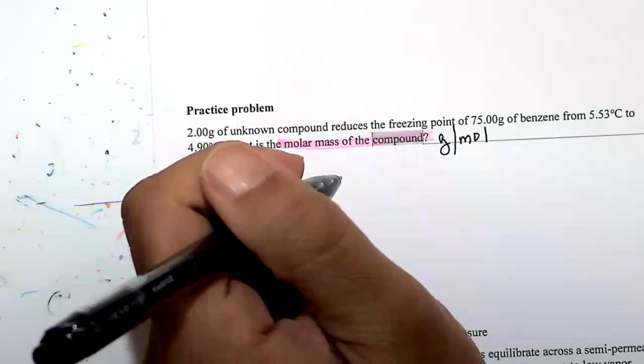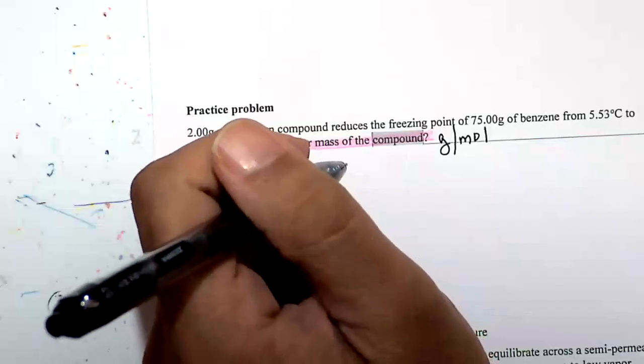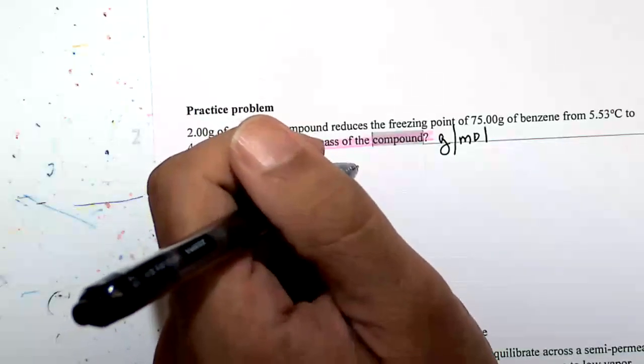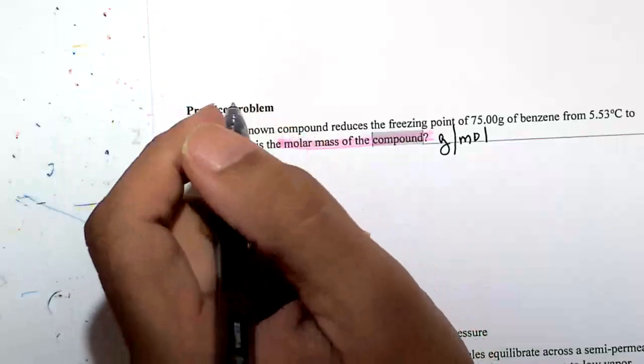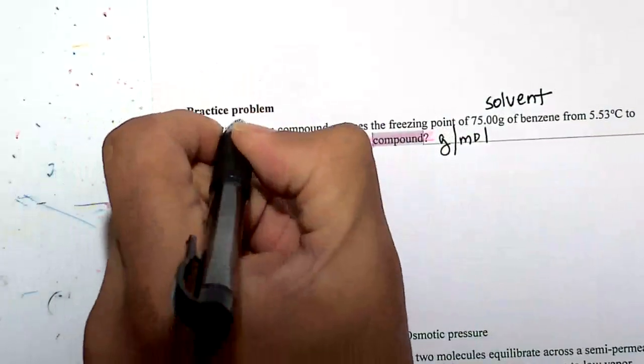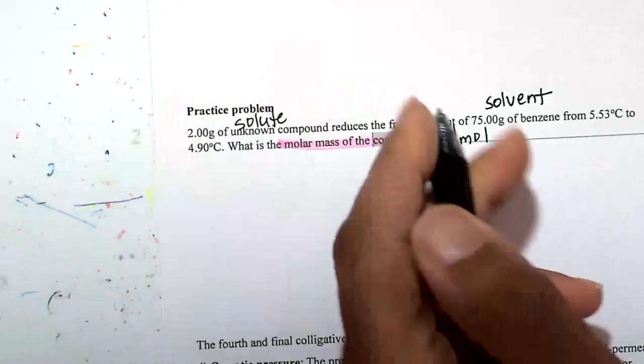So what is our solvent here? It's not water. Benzene is correct, very good. And what is our solute? The unknown compound, of which we're trying to find the molecular weight.